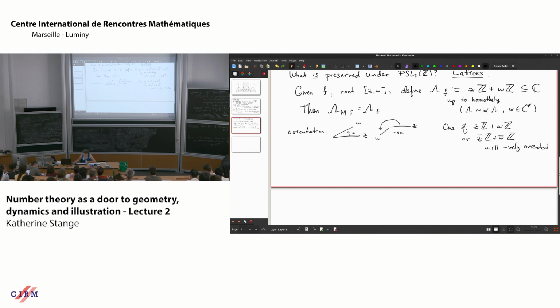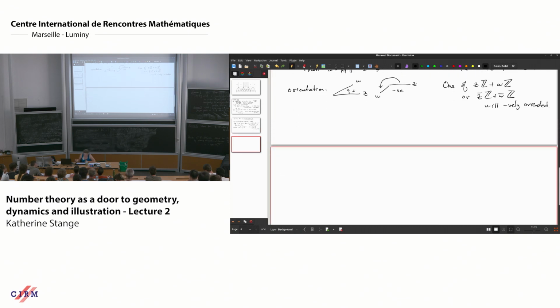What we get is a very nice bijection. On the one hand, we've got quadratic forms, let me just write a Q, and we've got all of the qualifiers here. So positive definite, and I could choose to say primitive integral, which I'll write in red.